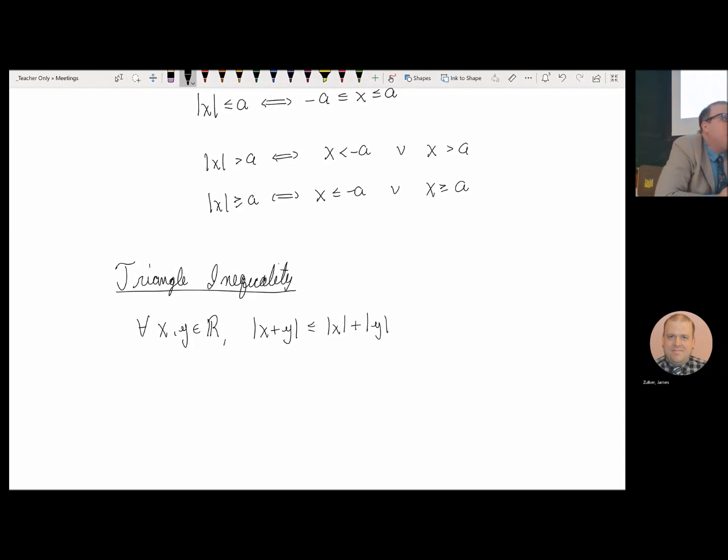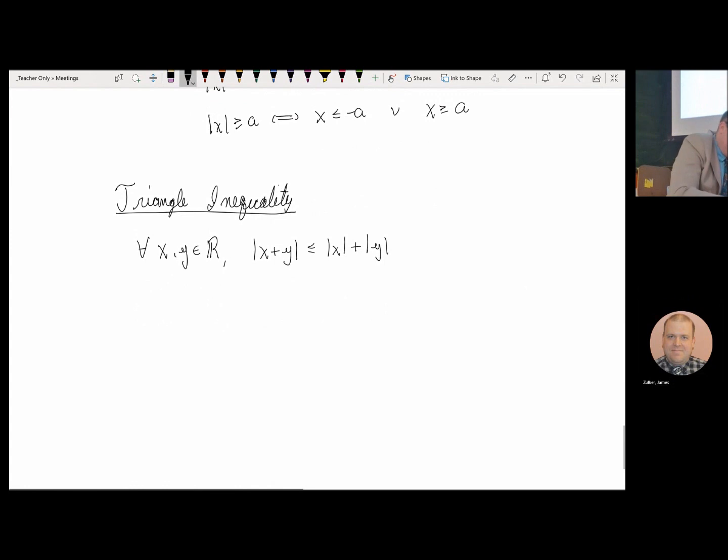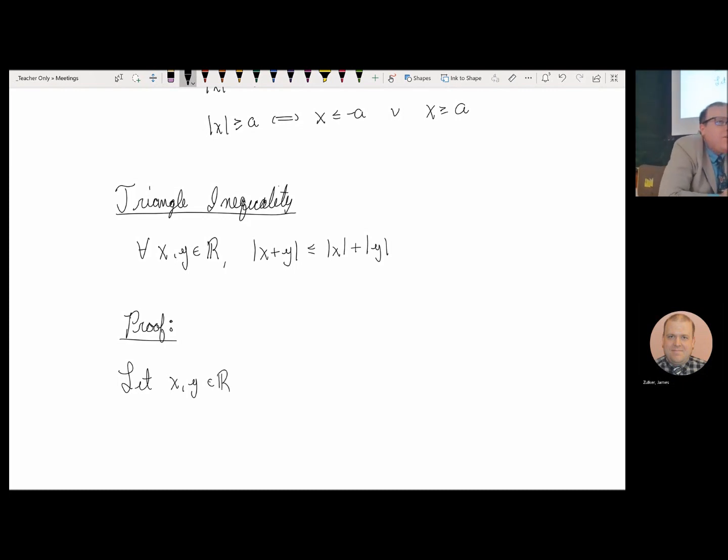Why not? I got time, I'll prove it. This is what math is all about. So we're going to say X and Y are going to be any arbitrarily chosen real numbers.